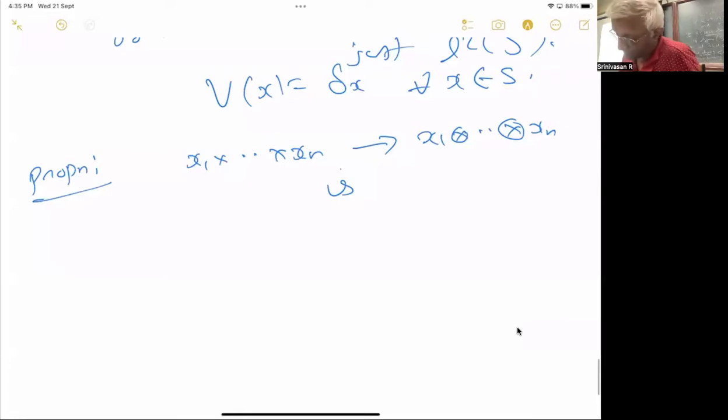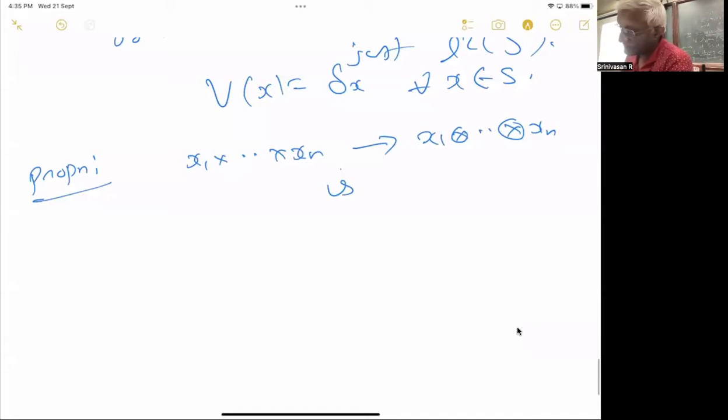The norm of the first one: x1 tensor up to alpha x1i plus x2i tensor up to xn, minus alpha times x1 tensor up to x1i tensor to xn, minus x1 tensor to x2i tensor to xn, right? This norm, but I want to use the inner product, so I put a square.